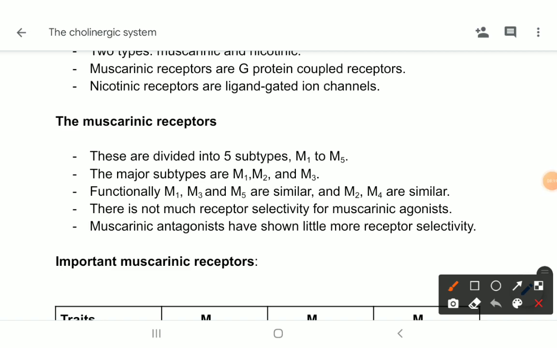And there is not much receptor selectivity for muscarinic agonists. If you apply a drug, that will act on all the muscarinic receptors. So there is not much receptor selectivity, but muscarinic antagonists have shown a little more receptor selectivity than the agonists.